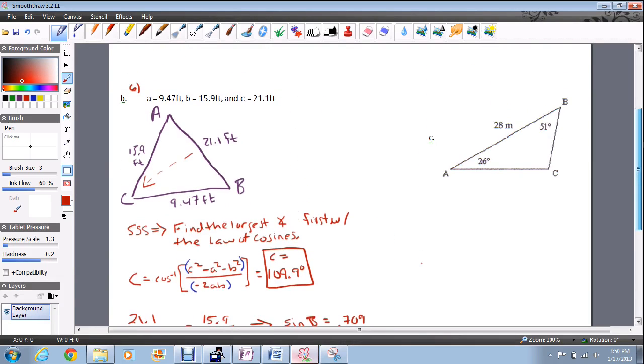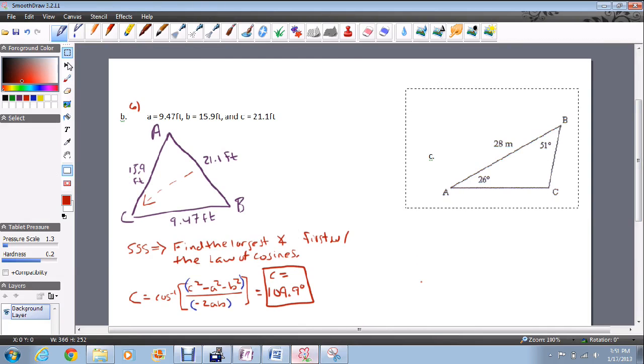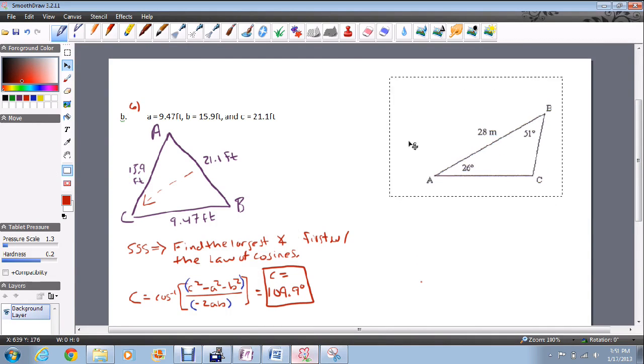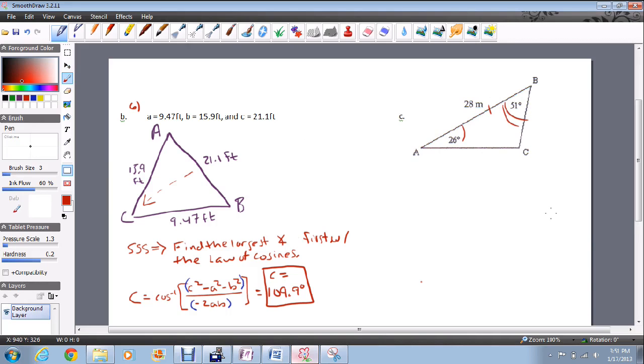Okay, so the last triangle problem. Just going to move this triangle up to give us a little bit more room. Okay, there we go. So this time we're given an angle, side, angle.